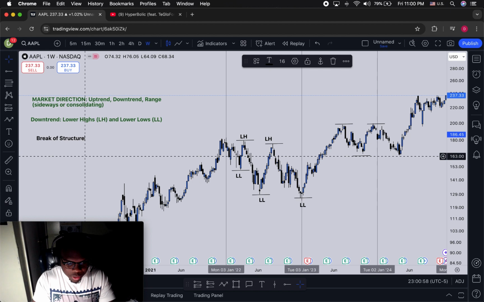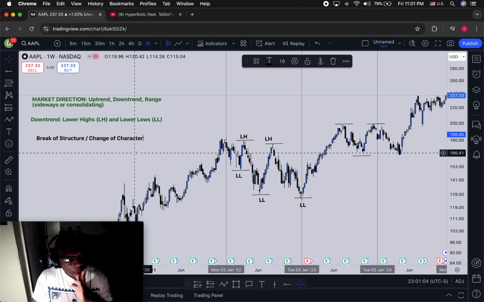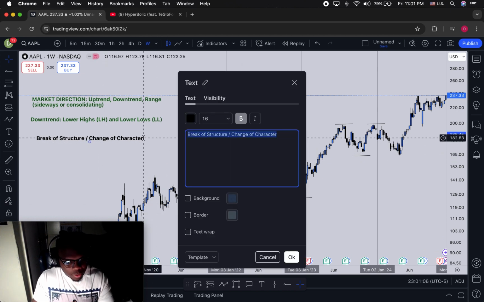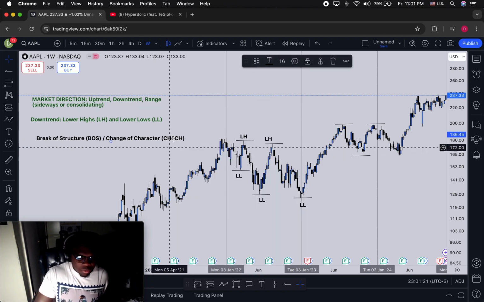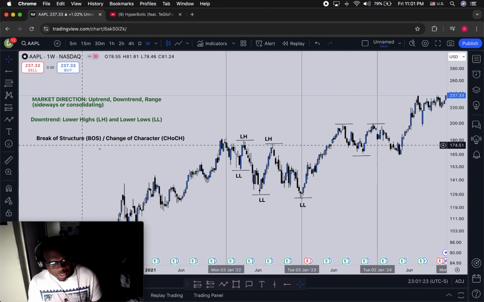Another term for this would be a change of character. It would be break of structure, BOS. Change of character would be CHOCH.